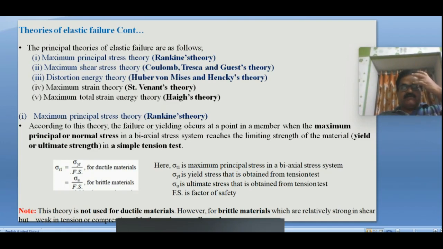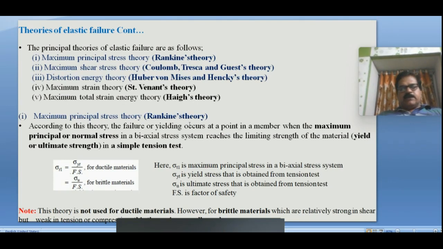Out of these five, maximum principal stress theory, maximum shear stress theory, and distortion theory are most widely used. Let us discuss these three theories of elastic failure.